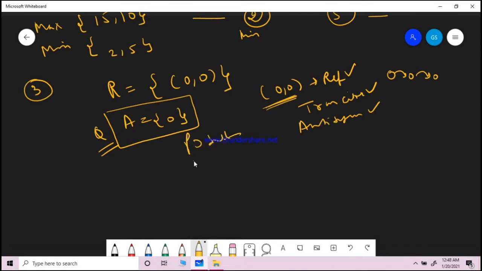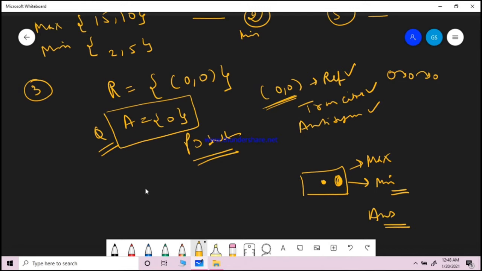First thing, yes, this set is a poset. Now, can you tell me the maximal and minimal element? So this is having only one element, 0. This 0 will be the maximal element as well as the minimal element. So this is the answer. In this case, 0 is maximal as well as 0 is the minimal element.